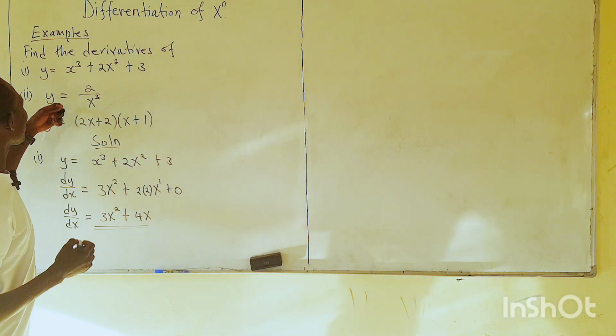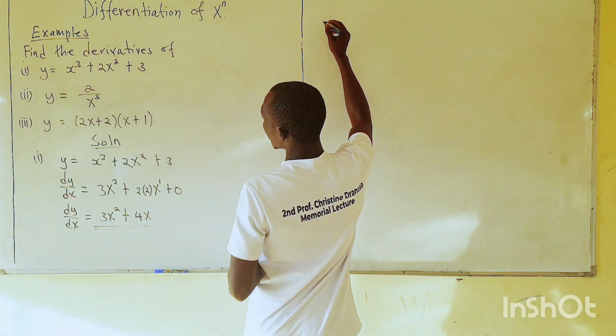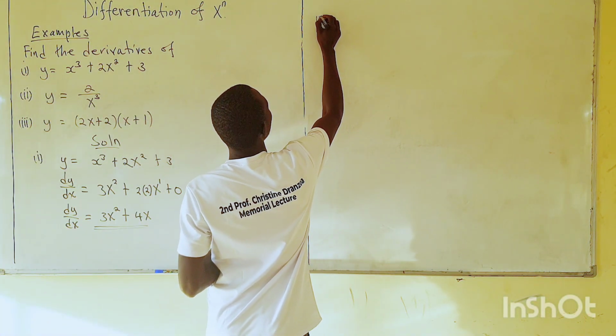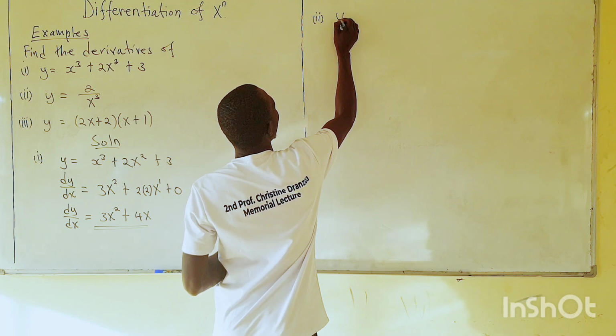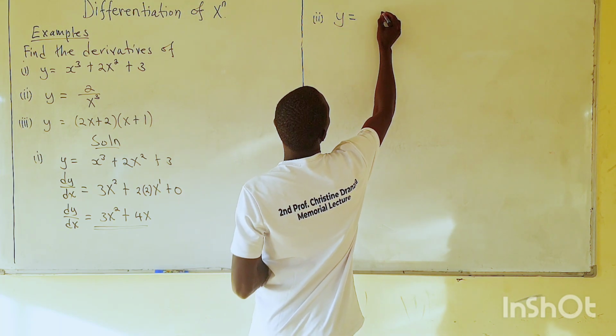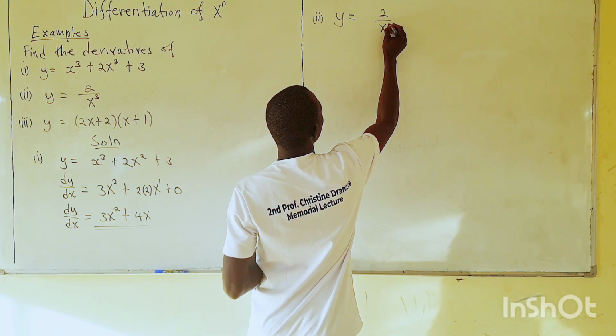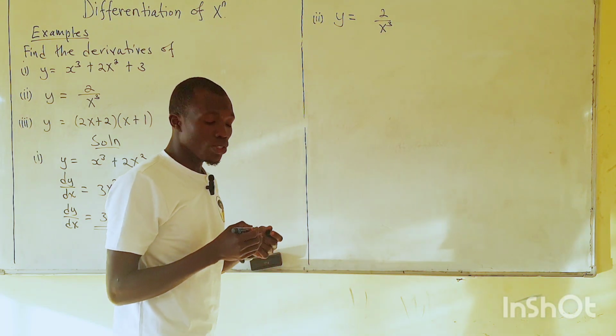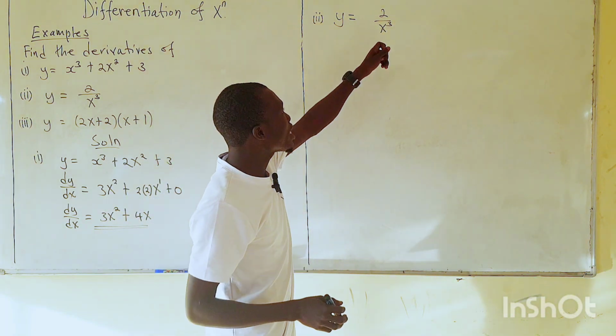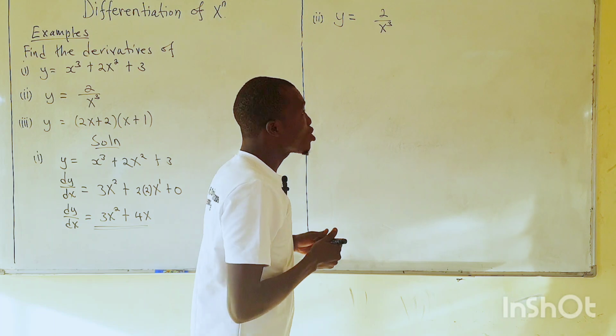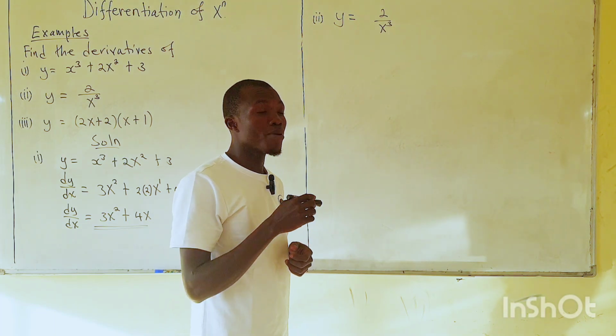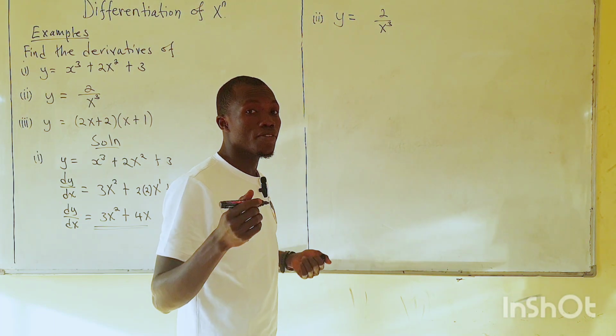Now we go to example 2. We have y equals 2 over x cubed. We take this x cubed up, so it becomes x to the power negative 3.